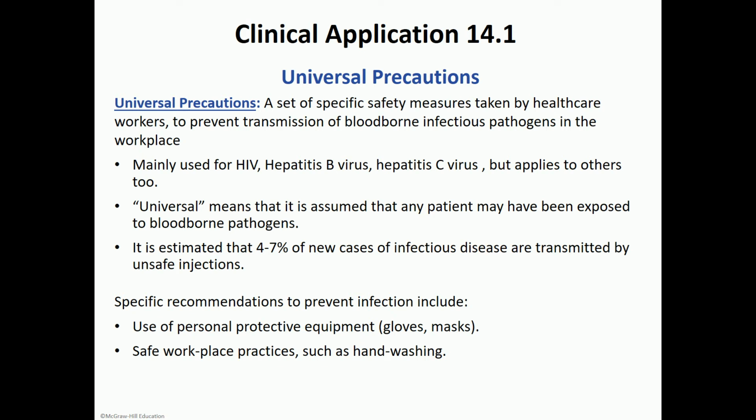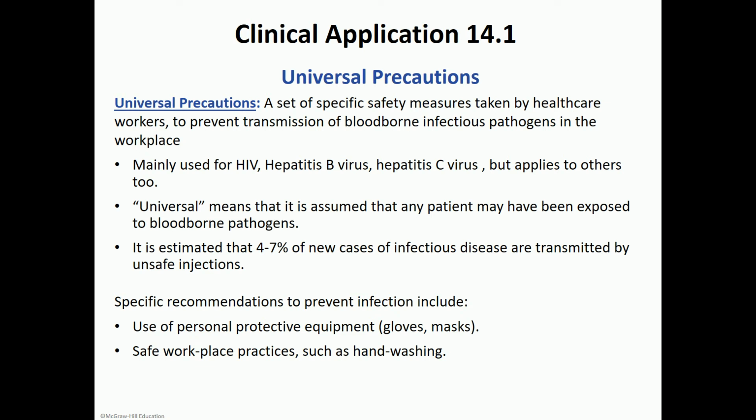So whether you have the pathogen, you don't want to transmit it to the patient or your coworkers, or it's the patient that has the pathogen and you want to protect yourself and your family and your coworkers. And universal means that you are going to assume that any patient that comes in is a source of infection.